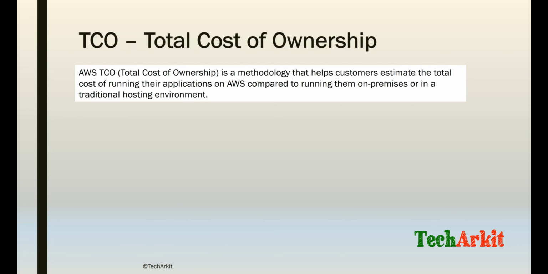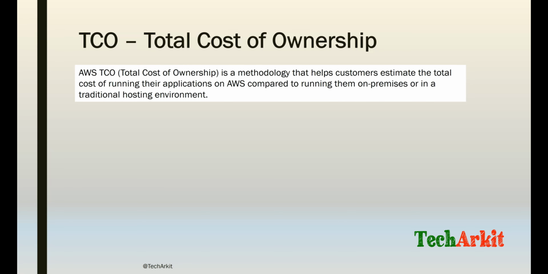AWS TCO, the total cost of ownership, is a methodology that helps customers estimate the total cost of running their applications on AWS compared to running them on premises or in a traditional hosting environment. So you have to compare what your on-premises cost is and what the AWS cost is.